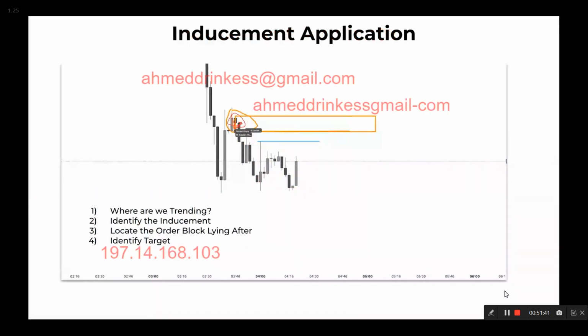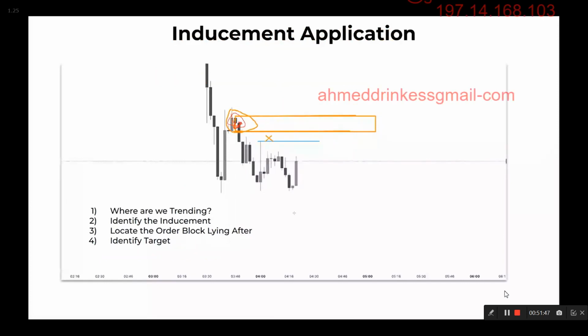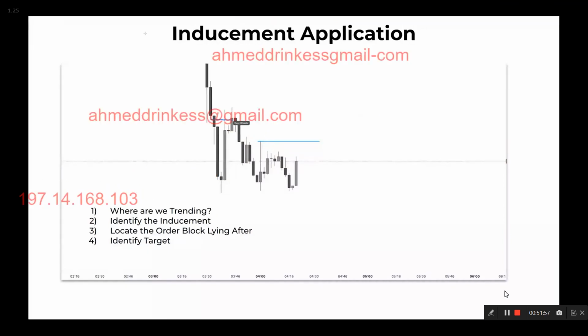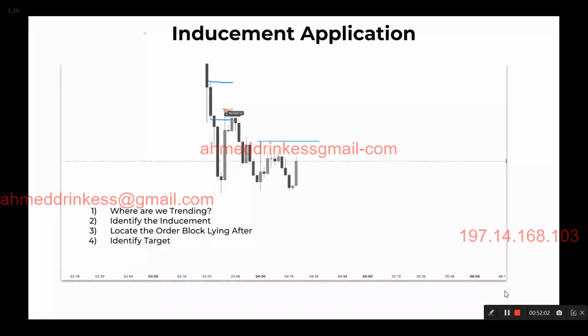Awesome. That is our order block right here. Now, can anyone tell me, besides the inducement, what's a very powerful thing that indicates this is the correct order block? What does the order block do, or keyword follow, that makes it very probable? There we go, right?